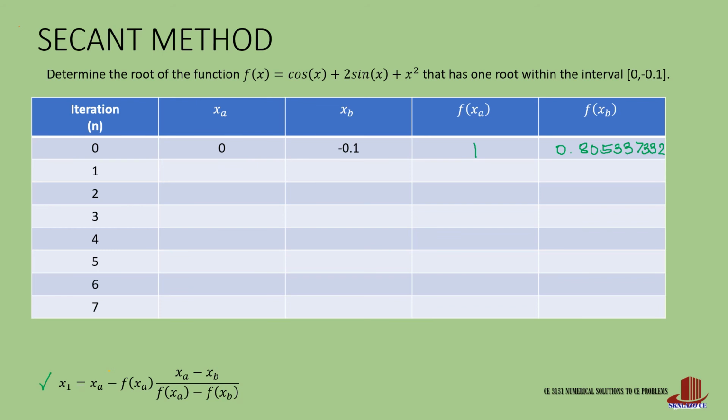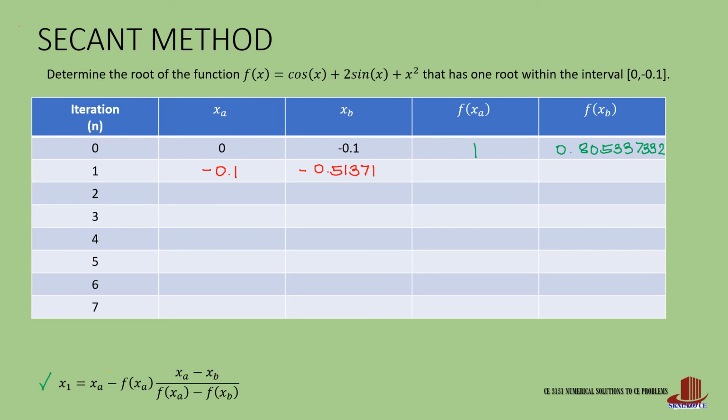How do we proceed? Next, our x sub b will be our new x sub a. So that would be negative 0.1. X sub b would be computed from the formula. And we get negative 0.51371.